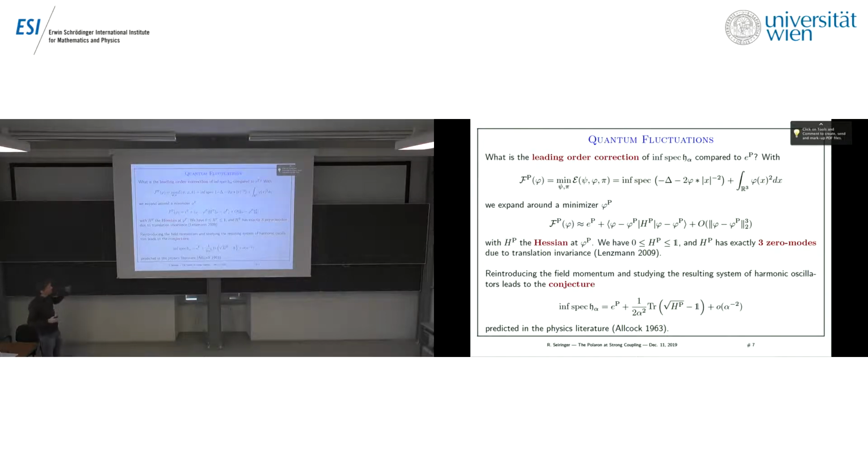So the Hessian is not strictly positive, but one can prove that there are only the zero modes coming from translation invariance. So there are three zero modes, and aside from that, the Hessian is strictly positive. This was proved by Lenzmann, as an extension of Lieb's original work on the uniqueness of the minimizers, going back to the 70s.